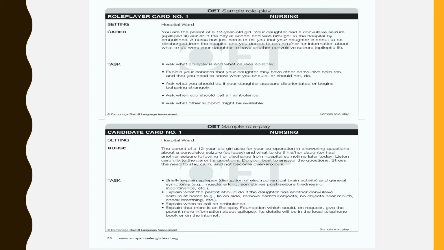Each role play card contains approximately 100 to 150 words.